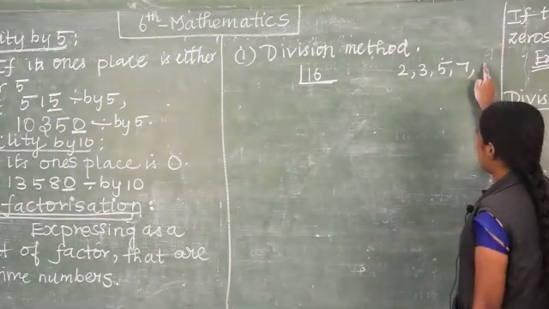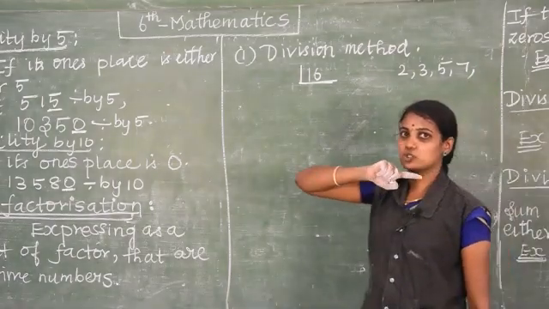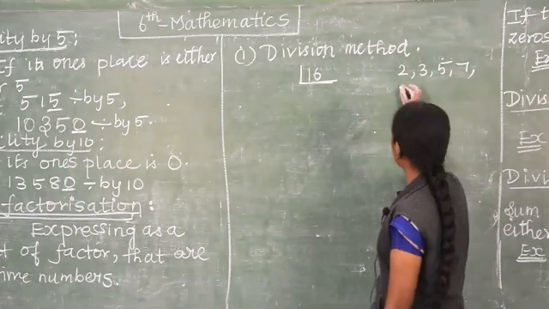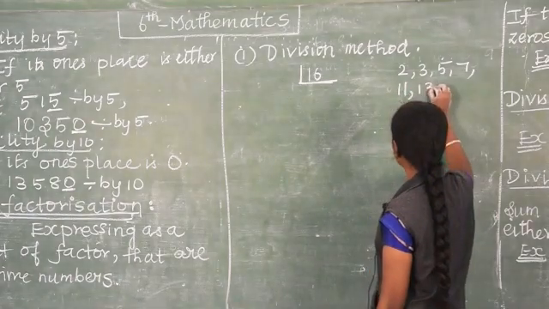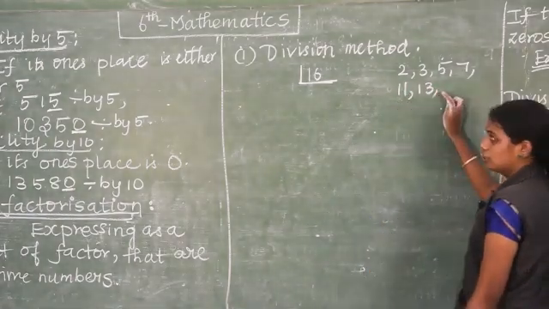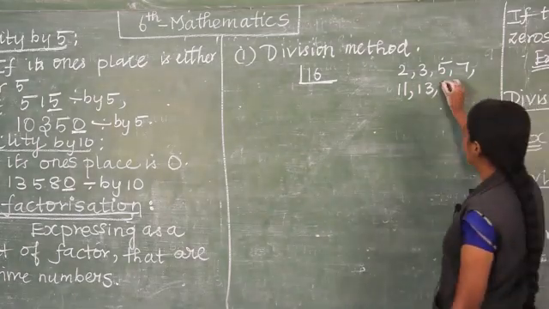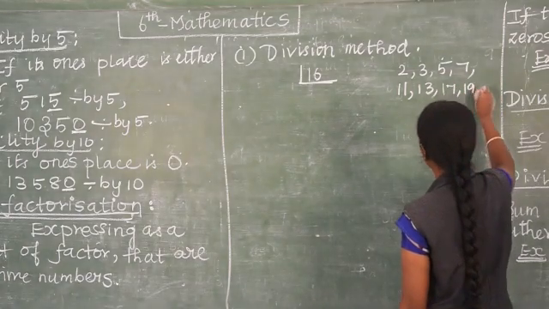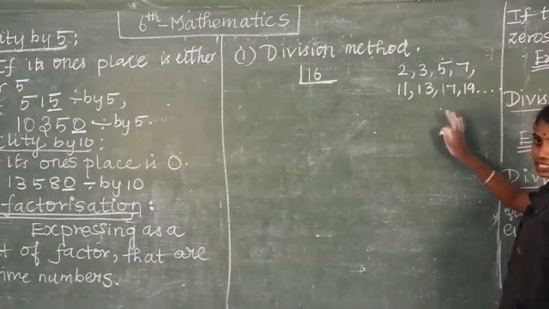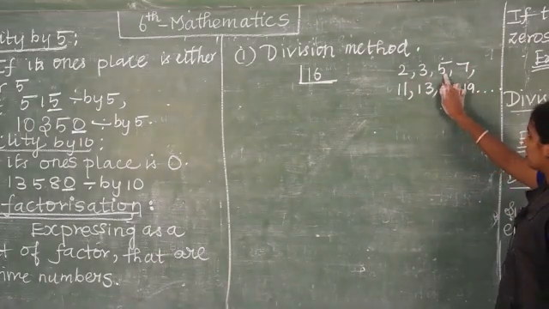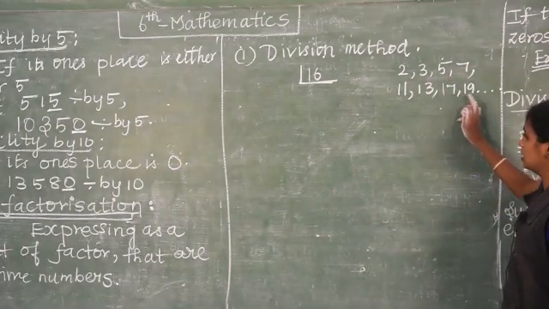After 7, 9 is an odd number, but 9 is not a prime number. Next odd number is 11, 13. After 13, 15 is not a prime number, 17, 19. It will go on. At least memorize these numbers: 2, 3, 5, 7, 11, 13, 17, 19.